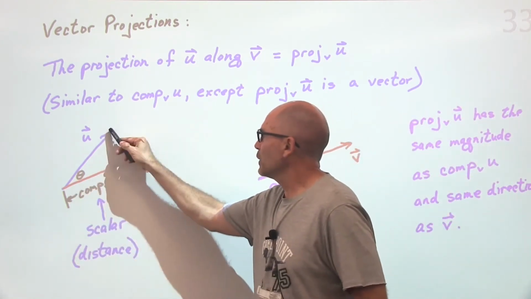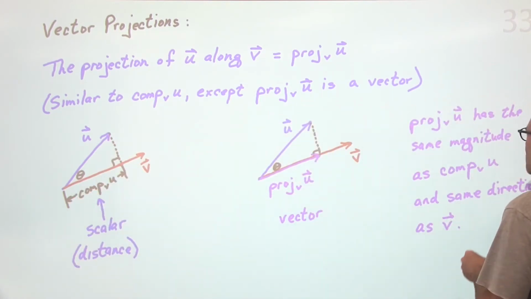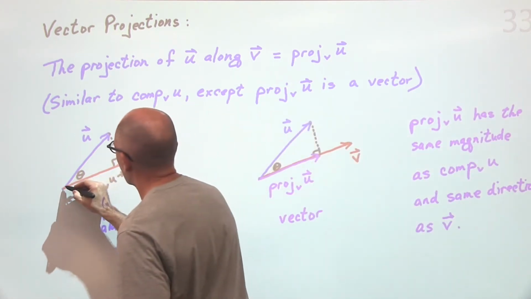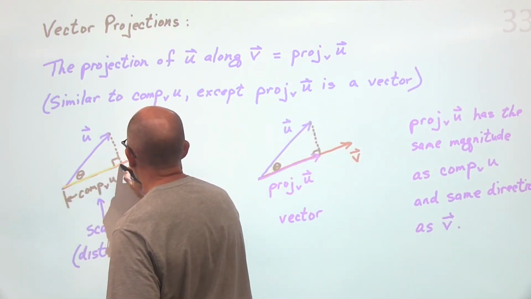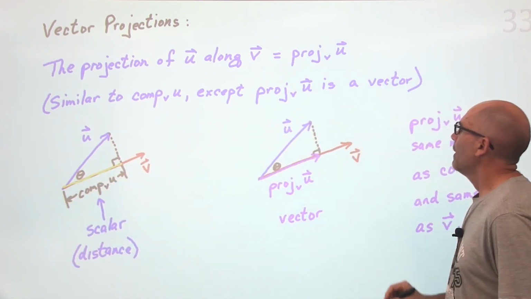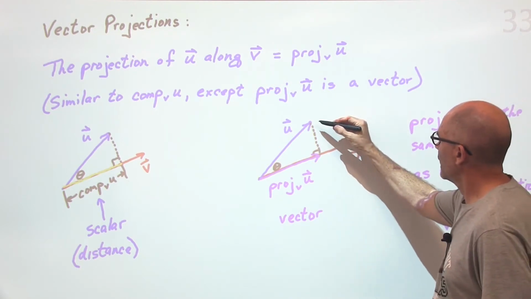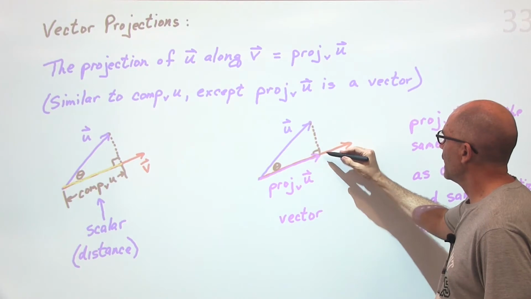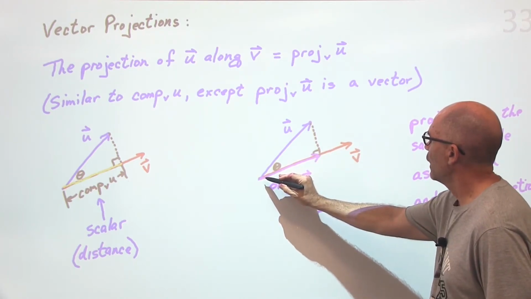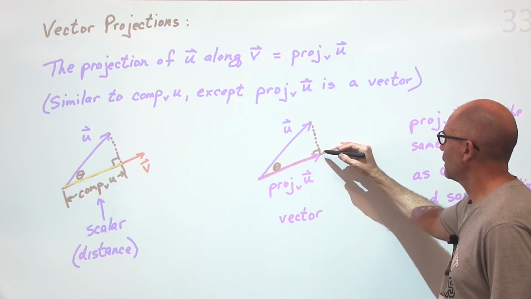We have vector u and vector v. Now the component of u along v is just that yellow distance right there. But for the projection of u along v, we drop our perpendicular down, and now we have a vector that starts from the tail of u and v and goes to the place where the perpendicular gets dropped down.